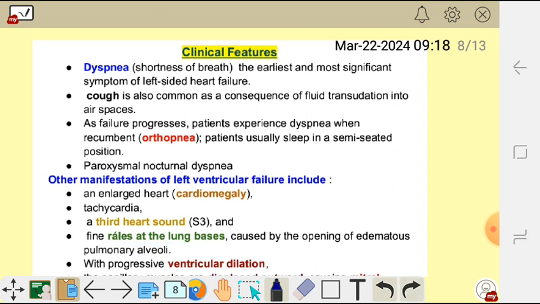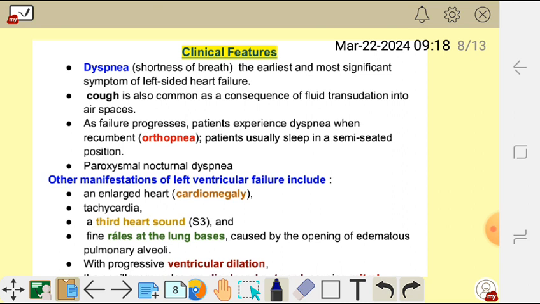So at the base of the lung, you are going to have a crackling sound which is called rales. That is caused by opening of the edematous pulmonary alveoli. So those alveoli which have edema, when they open during ventilation, we are going to have clicking sounds which are called rales at the lung bases.